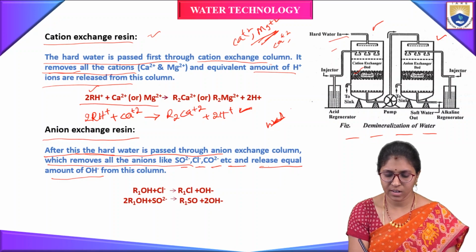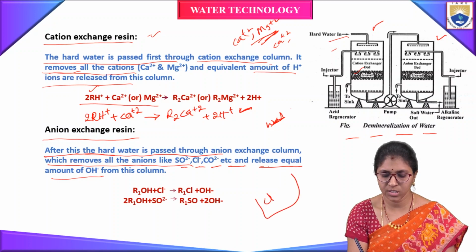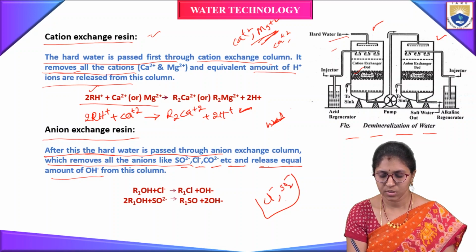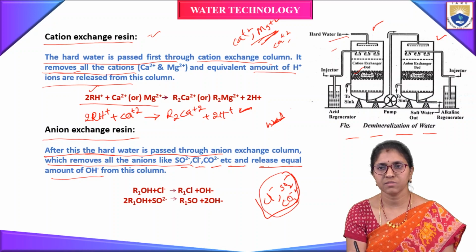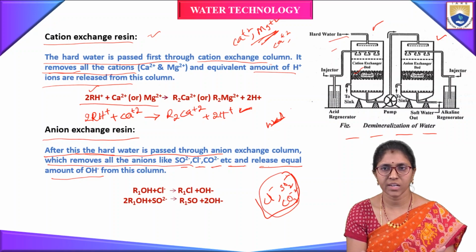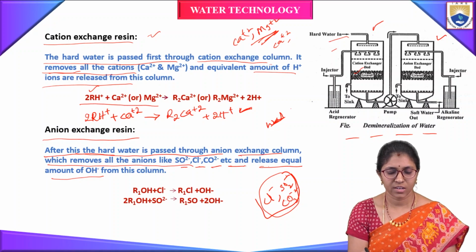So if water has Cl-, SO4 2-, and CO3 2-, these types of anions can be exchanged by the anion exchange resin.